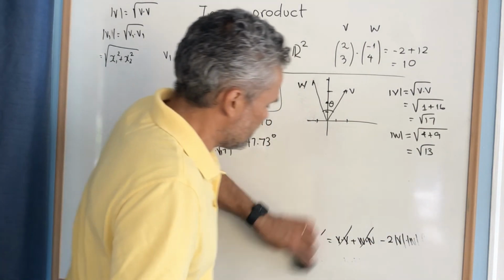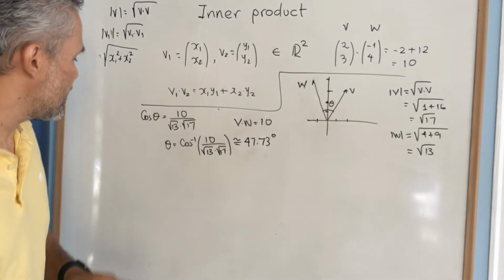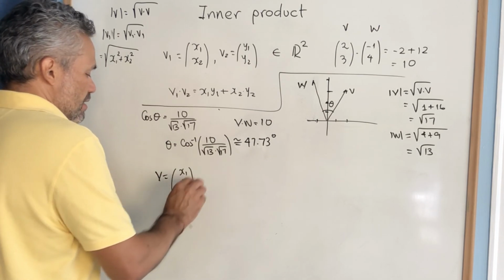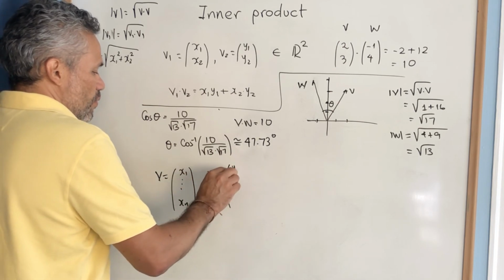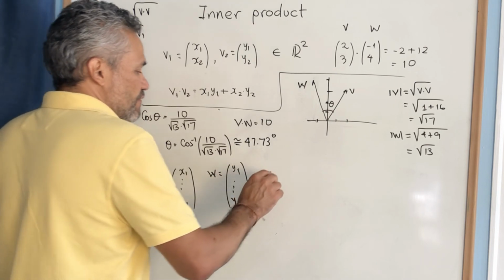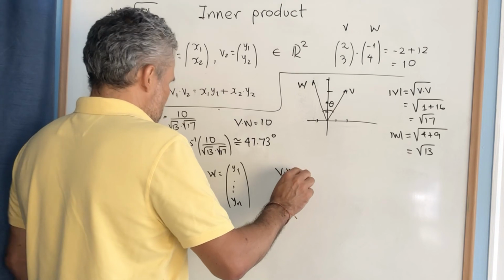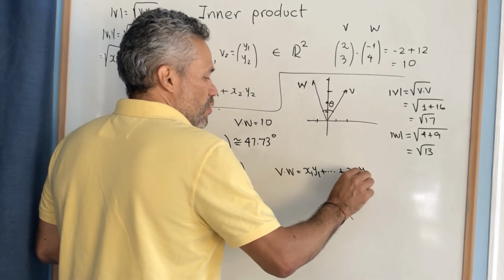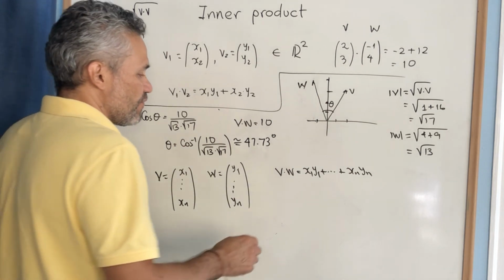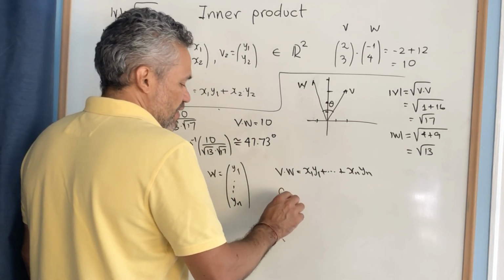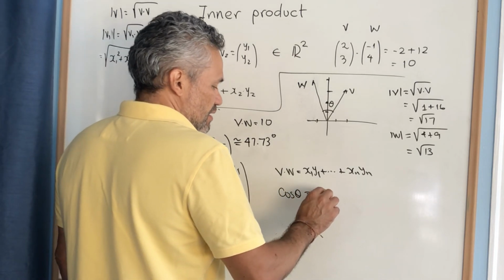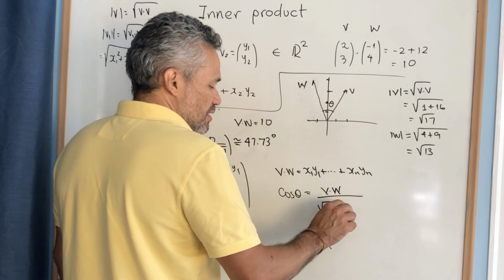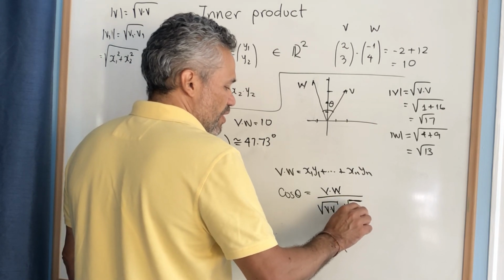The same interpretation works in general. If we define the dot product between two vectors in Rn, let's suppose that we have v equal to (x1, ..., xn) and w equal to (y1, ..., yn), and we define the dot product of v and w as the sum x1 y1 plus ... plus xn yn, then the angle between these two vectors satisfies that cosine of theta is the dot product of v with w over the norm of v, which is the square root of v dot v, times the norm of w, which is the square root of w dot w.